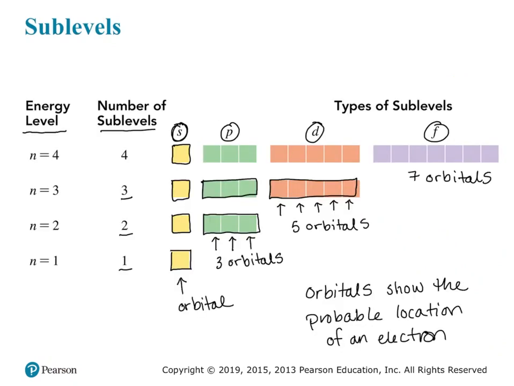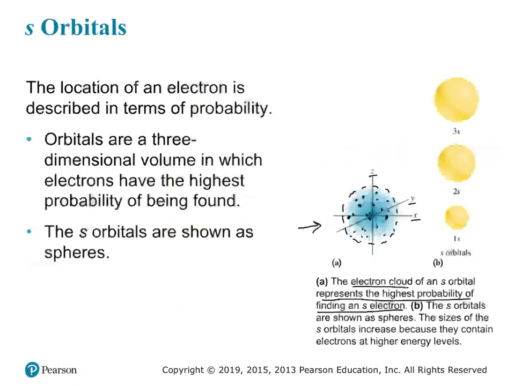So if we go back, every single energy level has an s orbital. But remember that the higher in energy we go, the further away from the nucleus the electron is. So you'll notice that as we go from 1s to 2s to 3s, the spheres are getting bigger because an electron is more likely to be further away from the nucleus.